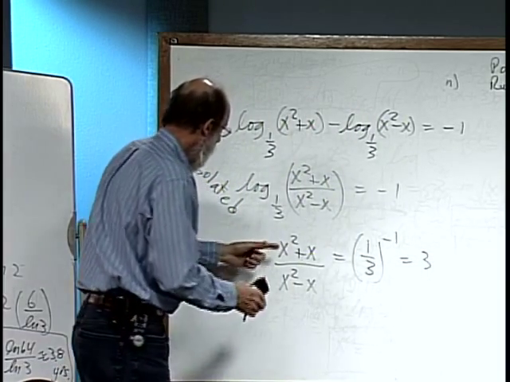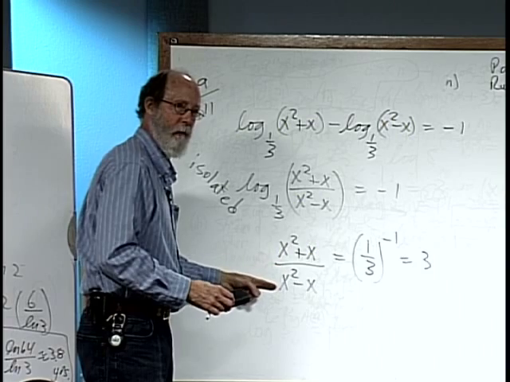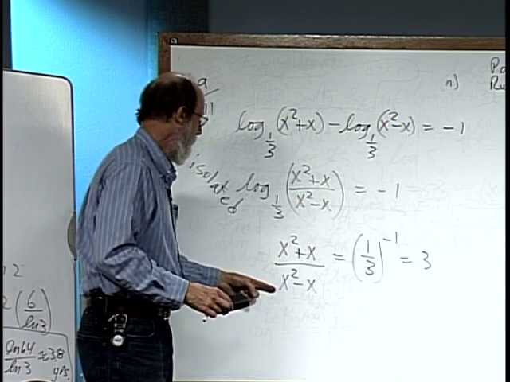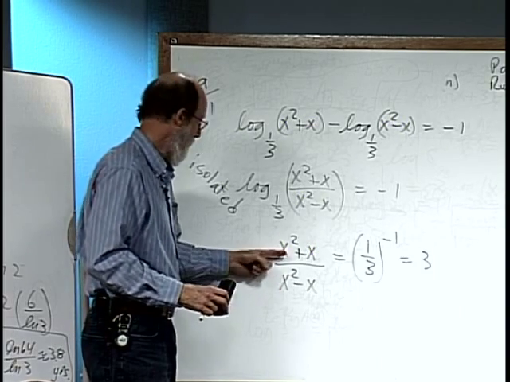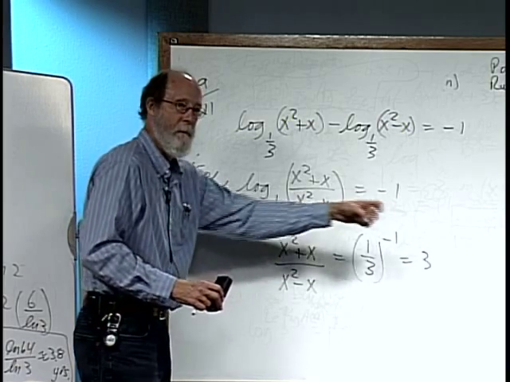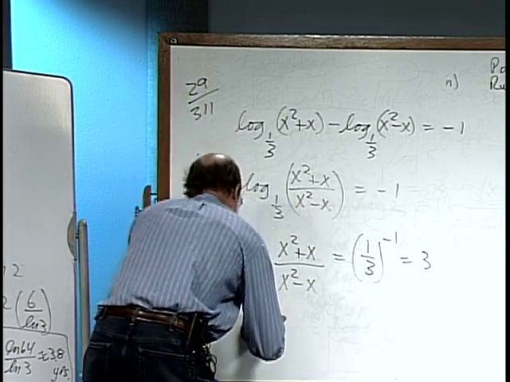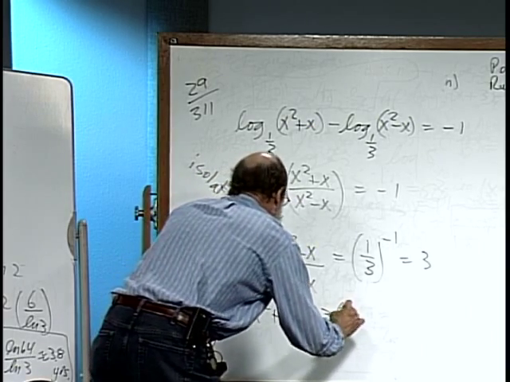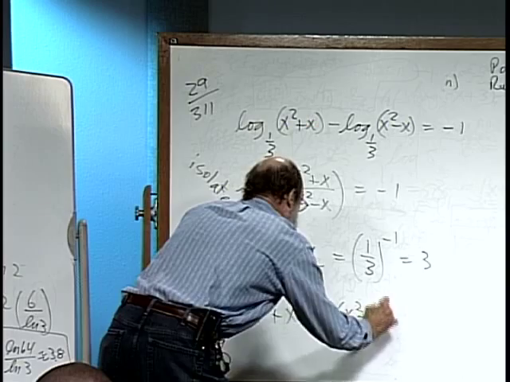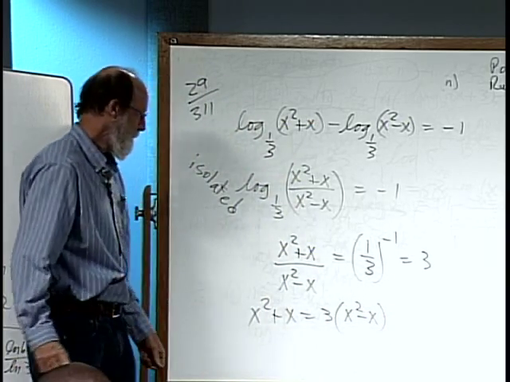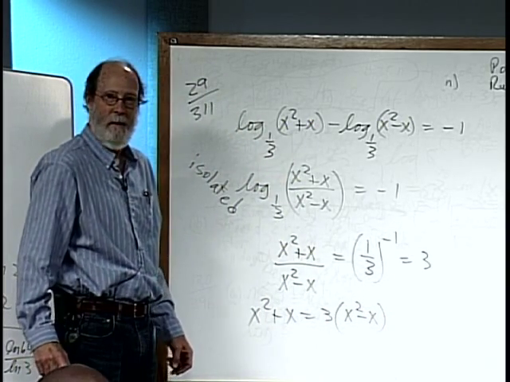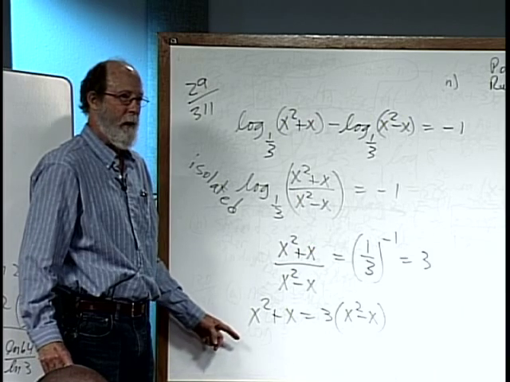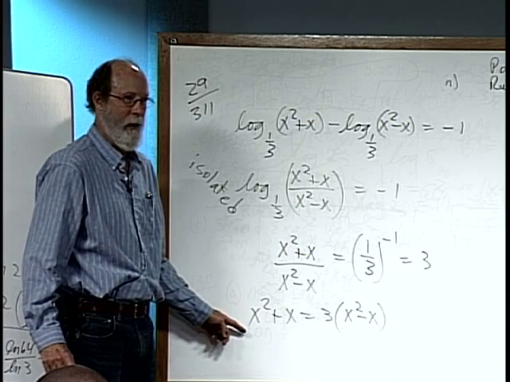So now we have an algebraic equation. It happens to be a fractional quadratic equation. We multiply both sides by the denominator. On the left, we will get x squared plus x, and on the right side, we get 3 times x squared minus x. Don't make an intermediate algebra error at this point.